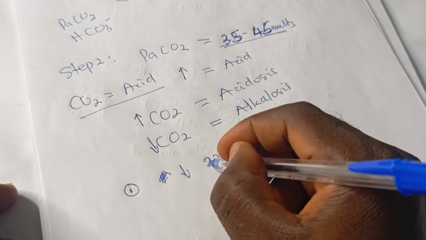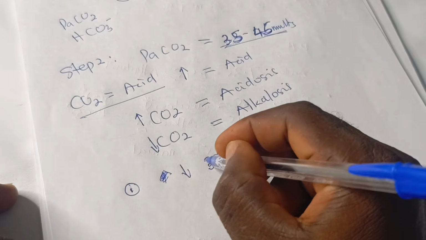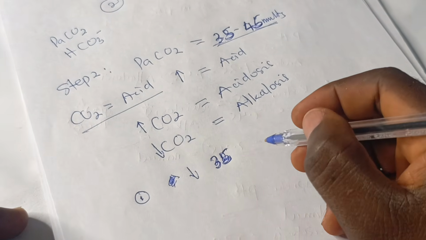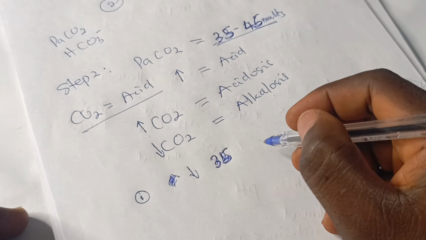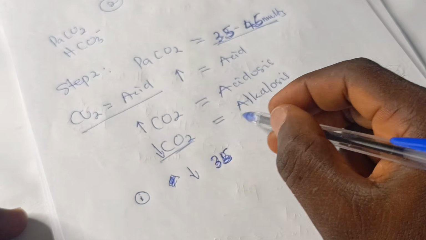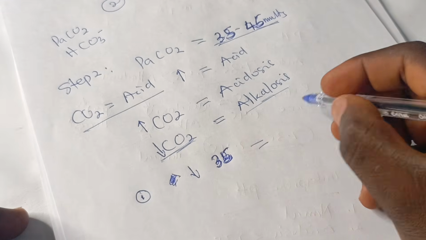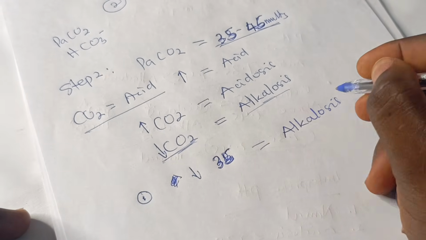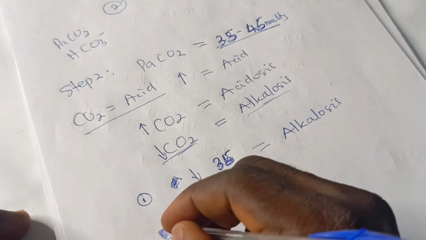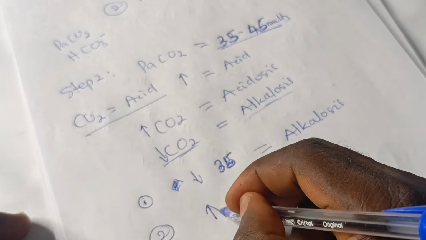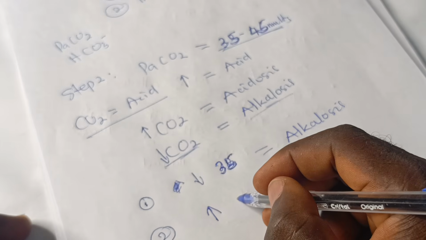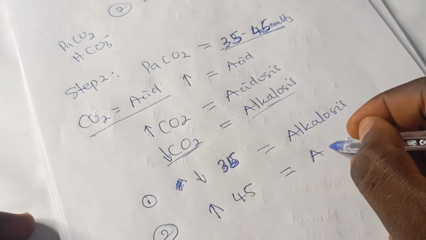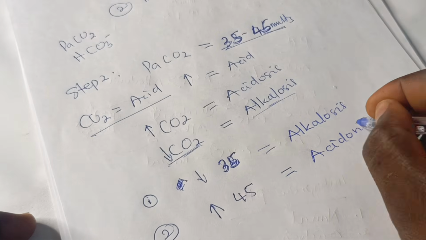So if it is less than 35 millimeter of mercury, it means that we are dealing with alkalosis. And two, if the value of carbon dioxide is higher than 45, then we are dealing with what? Acidosis.